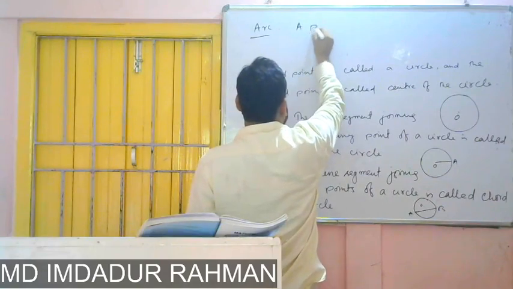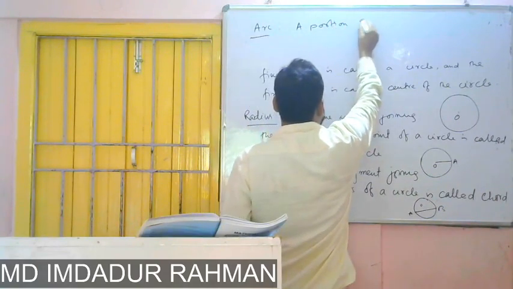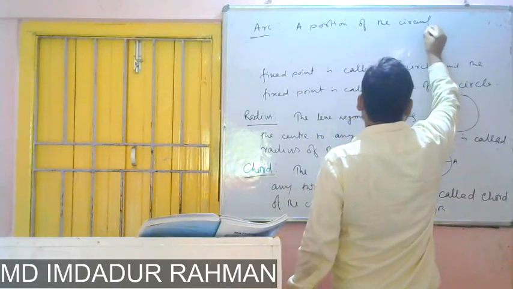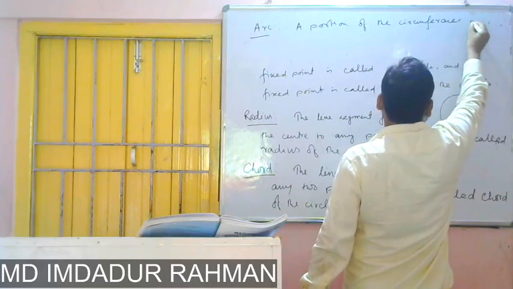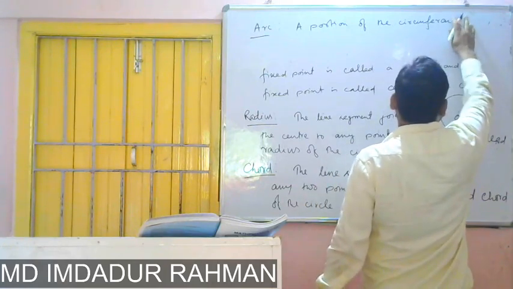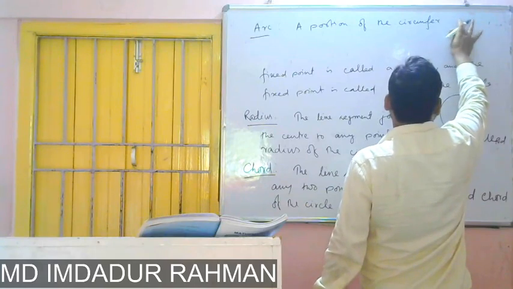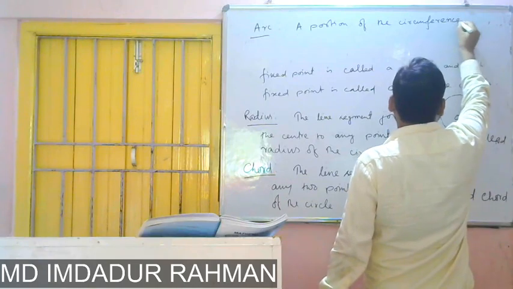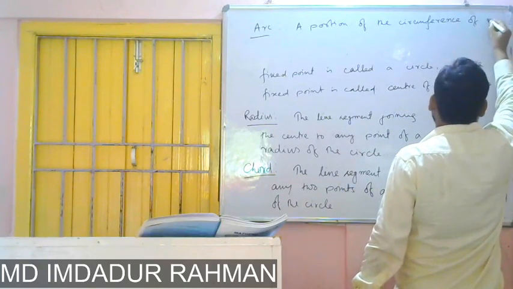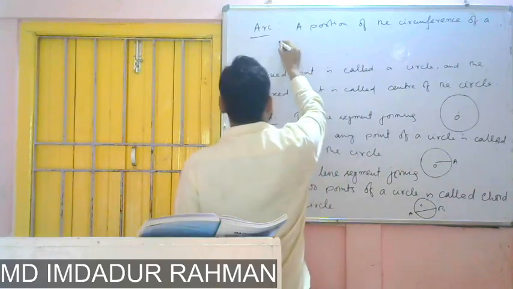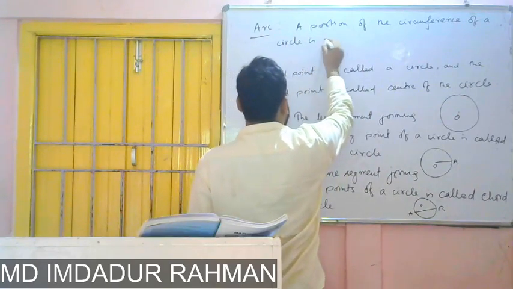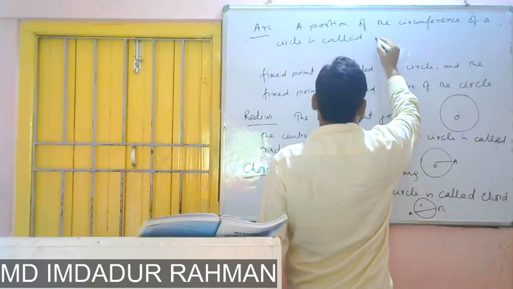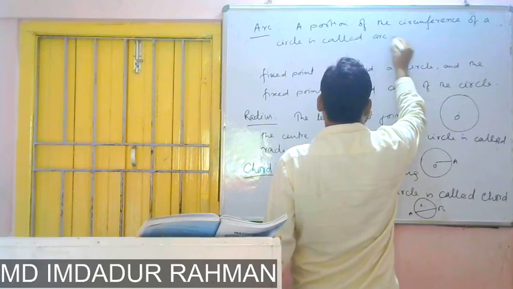Arc. A portion of the circumference of a circle is called an arc of a circle.